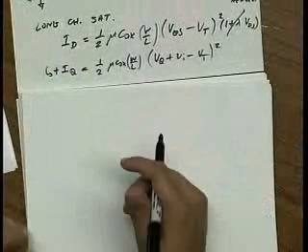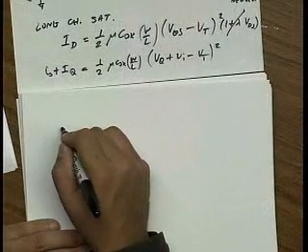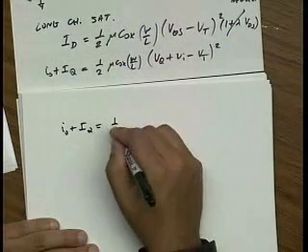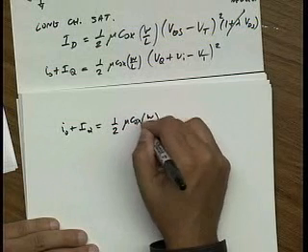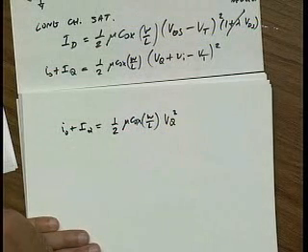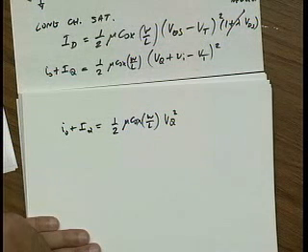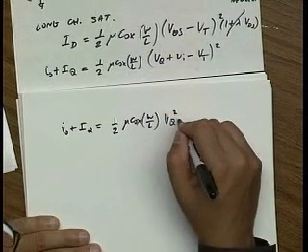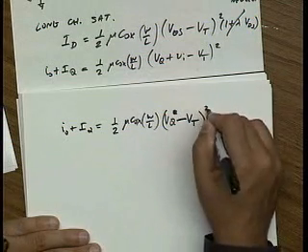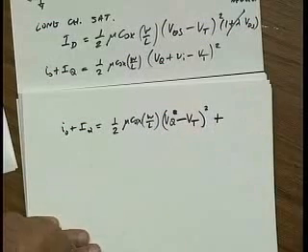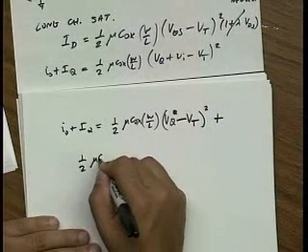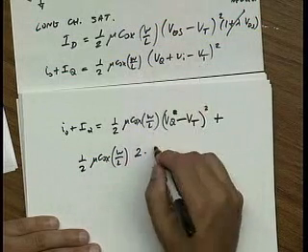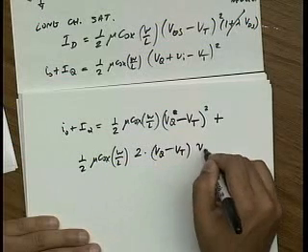So if I just multiply everything out, I have that I out plus IQ is equal to 1/2 mu Cox W over L, VQ minus VT squared. So that's my DC term. Plus I have a term 1/2 mu Cox W over L, 2 times VQ minus VT, times V input.